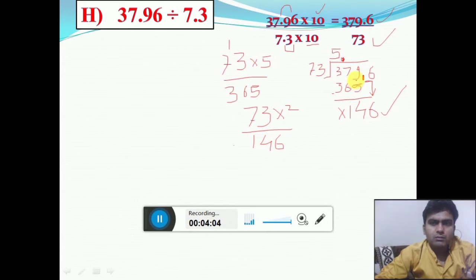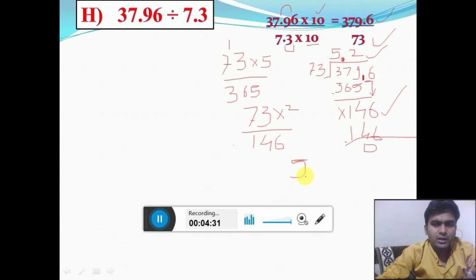So 73 into 2, we are getting 146. Now subtract, you will get 0. 6 minus 6 is 0, 4 minus 4 is 0, 1 minus 1 is 0. So you get the answer 5.2. Here we will write the answer 5.2.